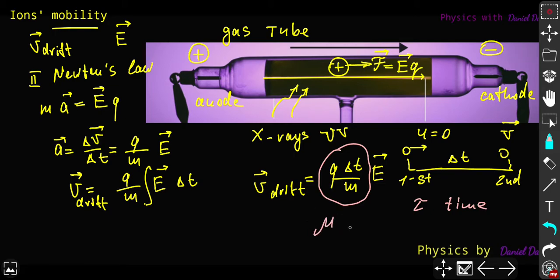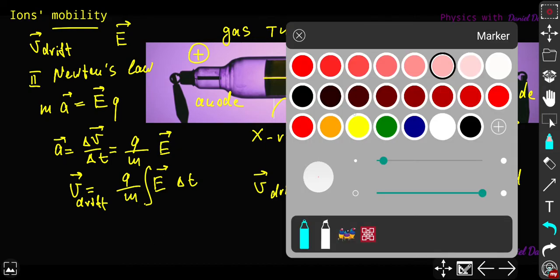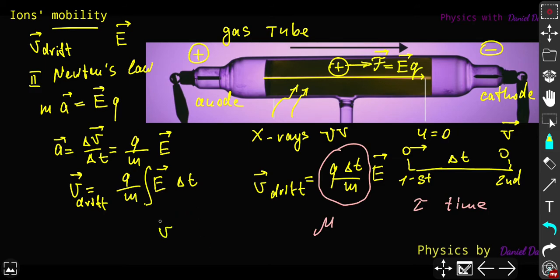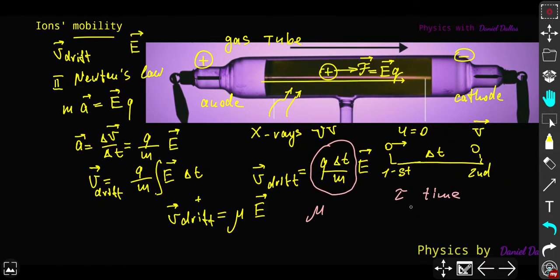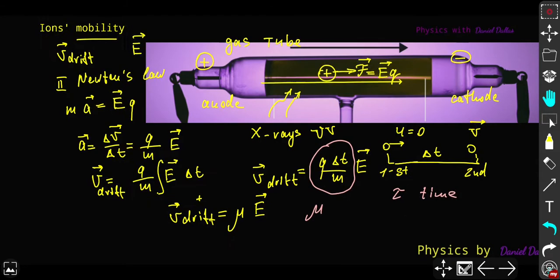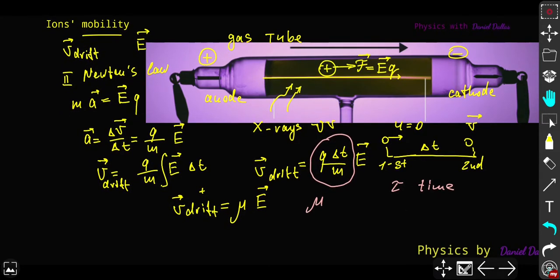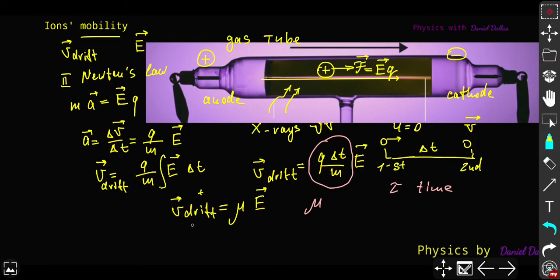So this coefficient we would call the mobility. So mu, it's not molar mass, but we use the same Greek letter, so that we can rewrite our equation for drift velocity as mu times E. Of course, that was done for a positive ion, but in the same way it can be done for negative ions as well, so that we can apply the same principle here. But definitely the mobility coefficient will be different depending on mass, right?